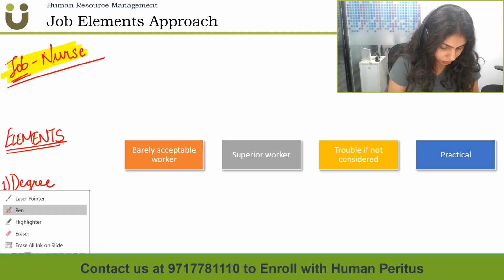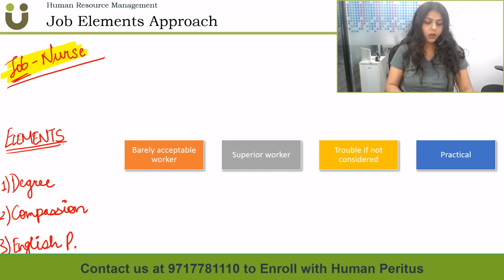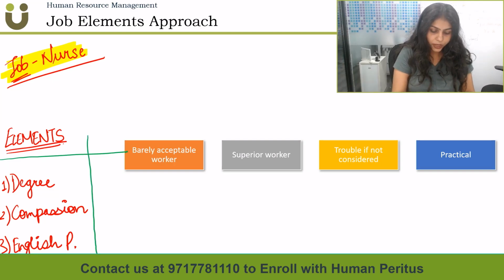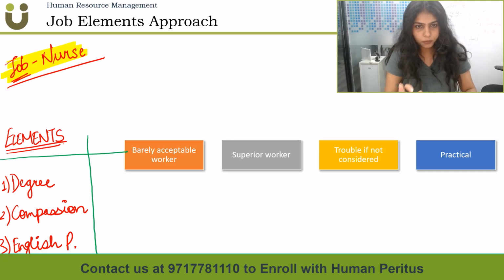Okay, so I have now figured out my elements. I've decided that on the basis of these elements I will be doing the analysis of this job.